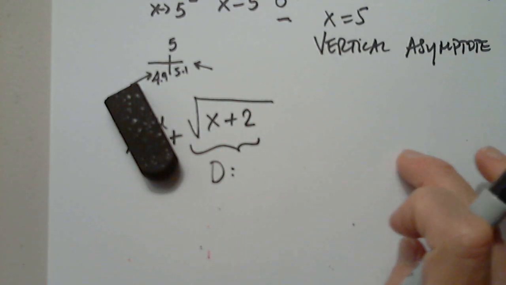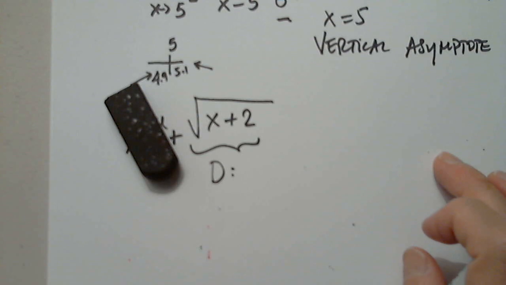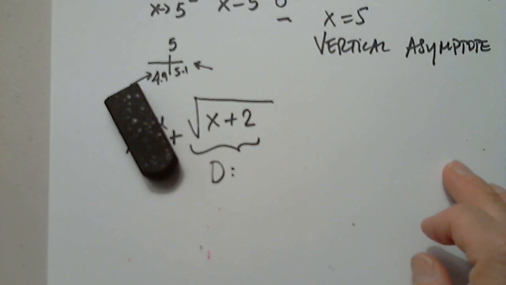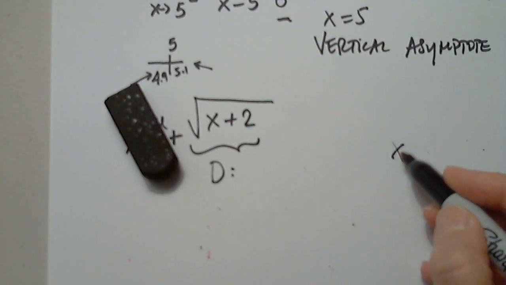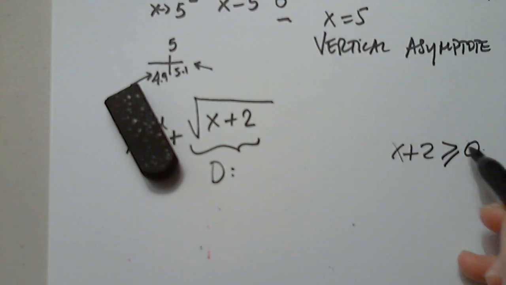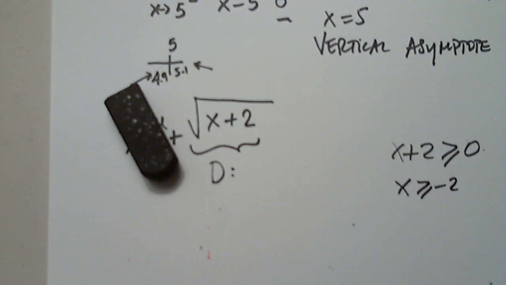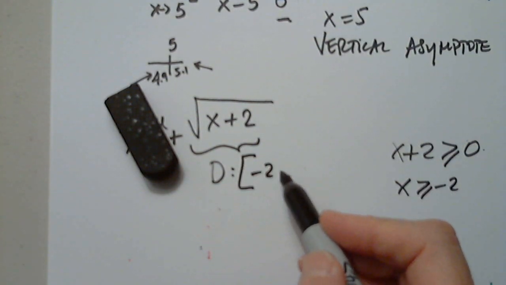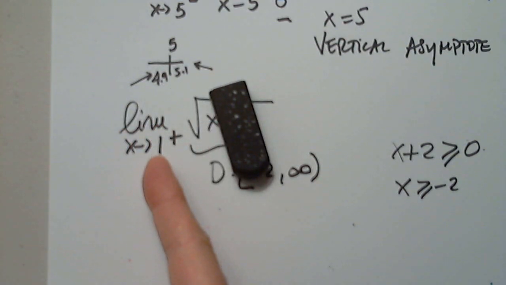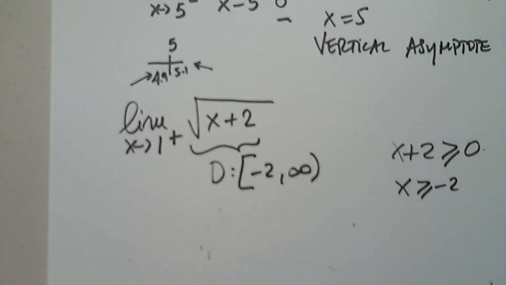What do I have to write to find the domain? x plus 2 is greater than or equal to 0. Brilliant. So x is greater than or equal to -2. So the domain is -2 to infinity. Thank you so much.